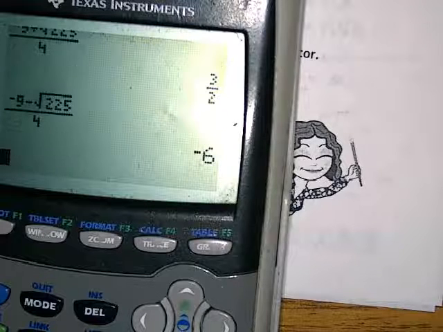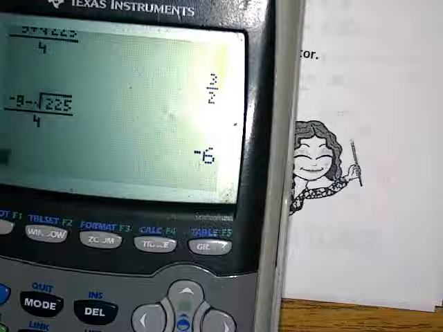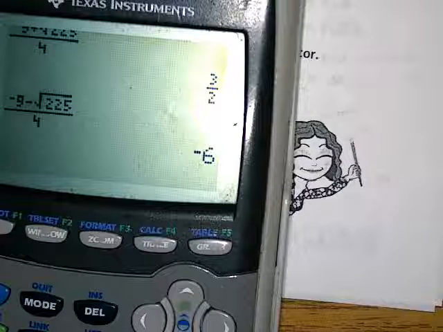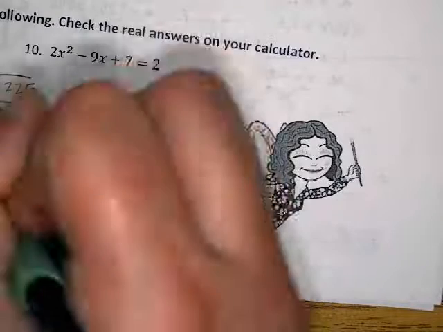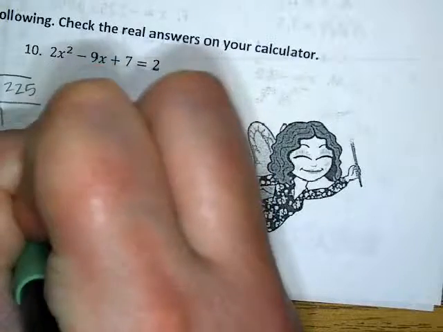So 3/2 and -6. I highlighted on top of it, and then I just pressed the minus sign. So x equals 3/2. X equals -6.